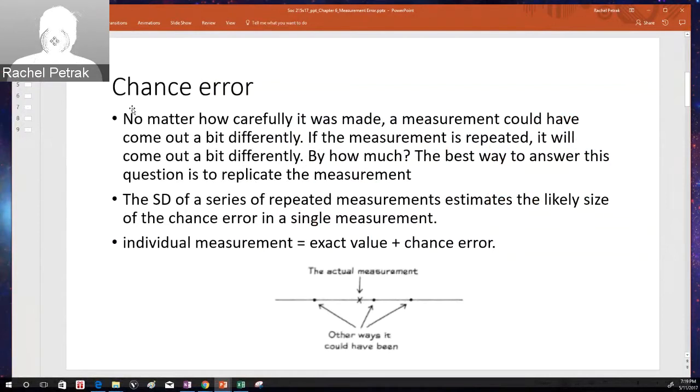And so no matter how carefully you tried to report accurately your anxiety level about the exam, there's always some chance error. If I asked you a second time, a few minutes later, you might feel a little bit differently. Or if I asked a whole class and then I asked another class, there's always some measurement error. If a measurement is repeated, it will always come out a little bit differently.